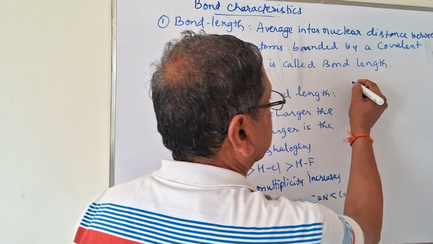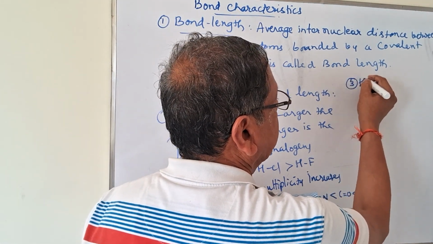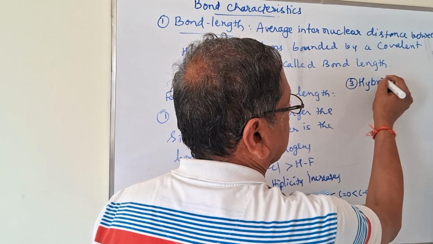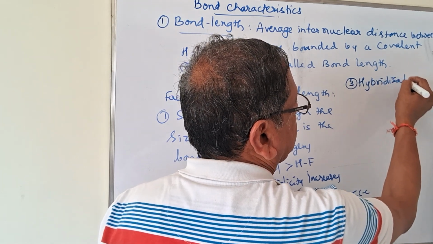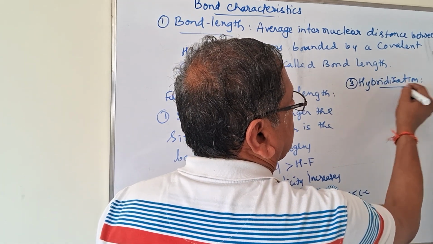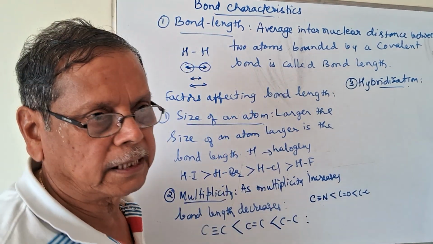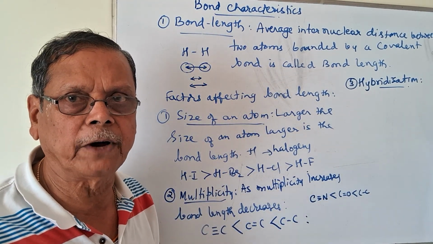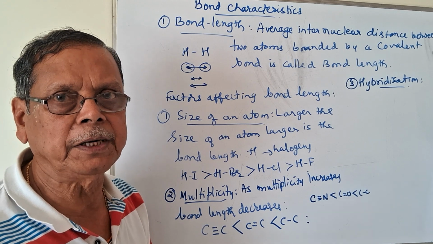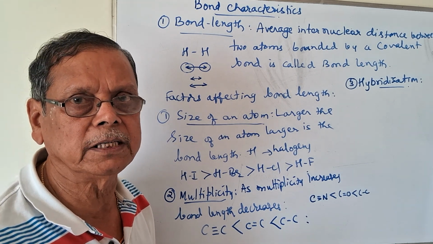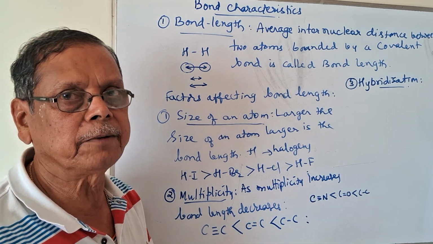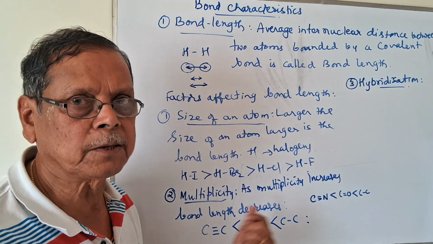Then the third factor that we consider is hybridization. The carbon atom can involve three types of hybridization: sp3, sp2, and sp. What hybridization is, we will consider in the next part.